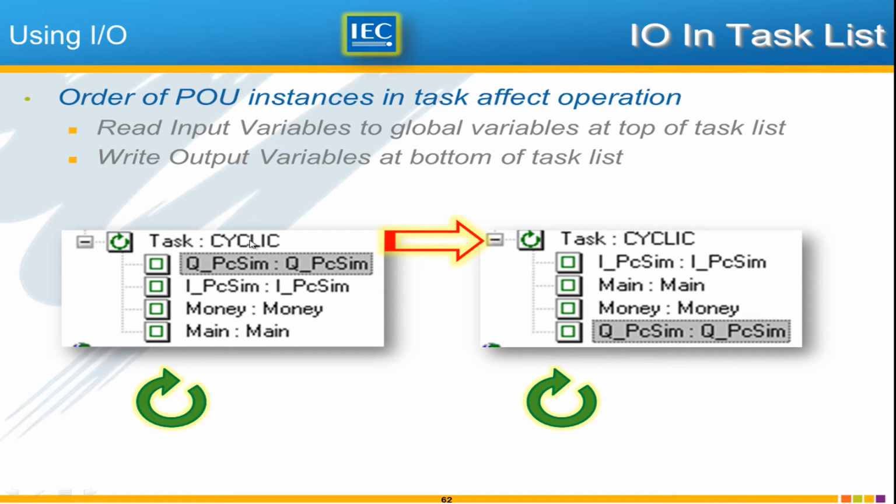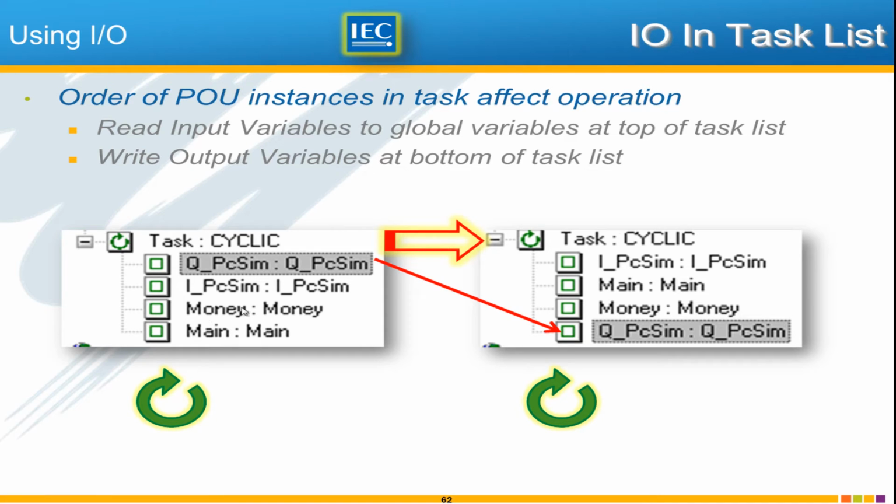But because we have separated the POU that takes the inputs and writes them to global variables, we should do writing the inputs to global variables first and taking the global variables back to outputs last, because this task will continue to run over and over and over again, and we need to have the correct order of POU instances in the task for the most efficient operation.